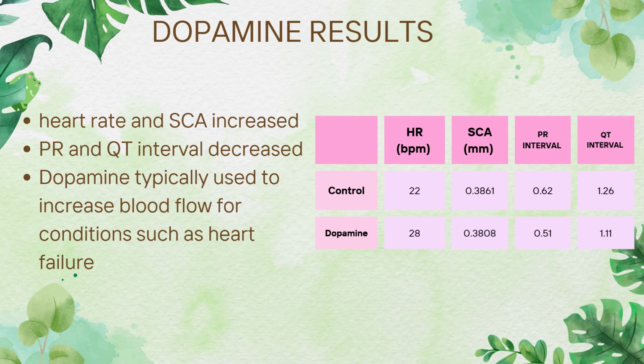Dopamine is typically used to increase blood flow for conditions such as heart failure, and our overall trend once we applied dopamine to the heart increased our heart rate and SCA values while decreasing our PR and QT intervals.